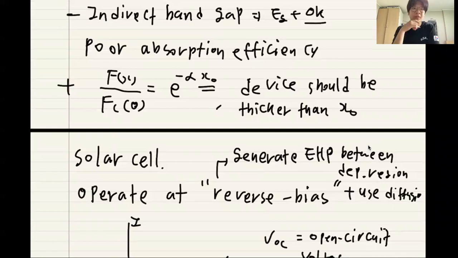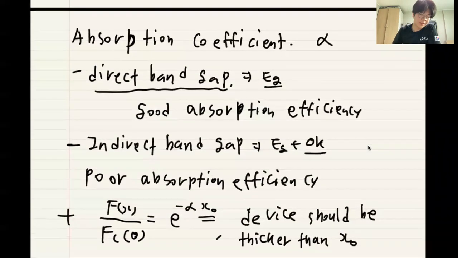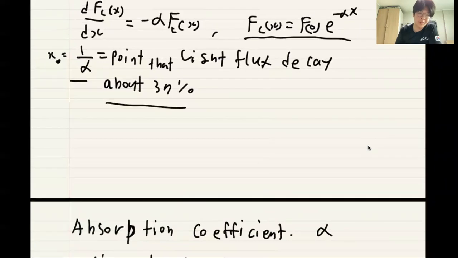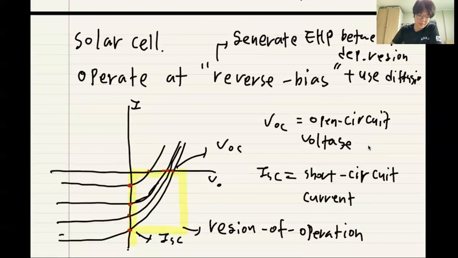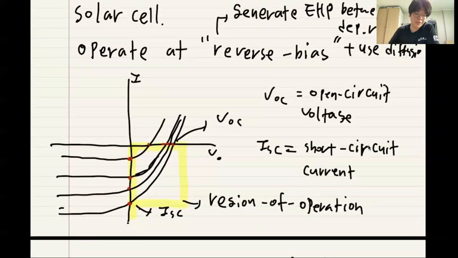So to make a good efficiency for the absorption, the device should be thicker than the former X0, which is the distance where the light flux decays to about 37%.